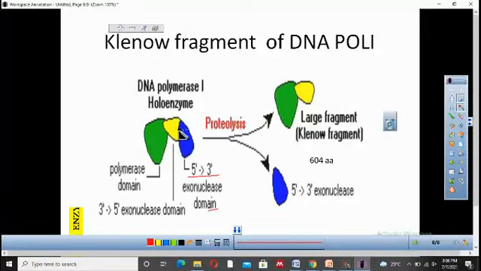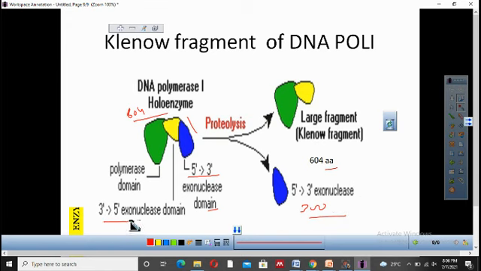The yellow is the large one and this is the small one, about 64 amino acids, and this is about 300 amino acids. This is very important, and that's why it is called the Klenow fragment. The Klenow fragment is the large fragment of 604 amino acids.